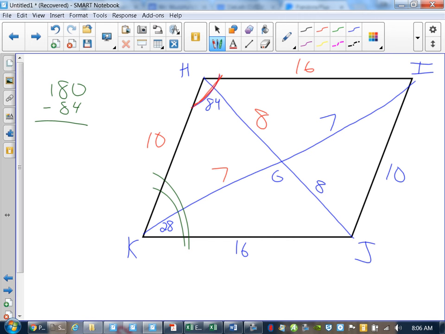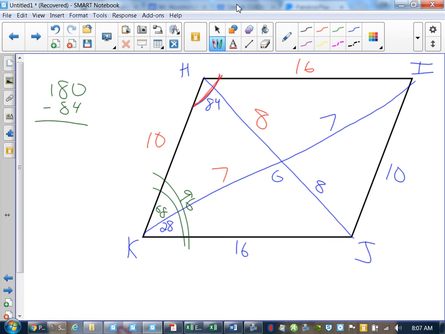So this whole angle here is 96. Okay. So if you subtract out 28 from 96, what do you get, that leftover little piece? 68.